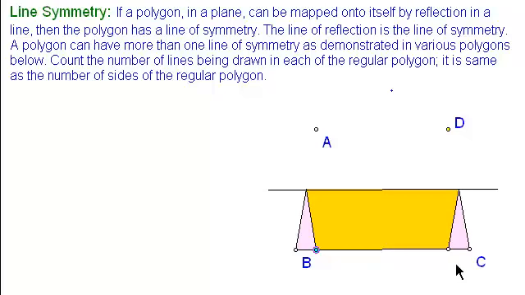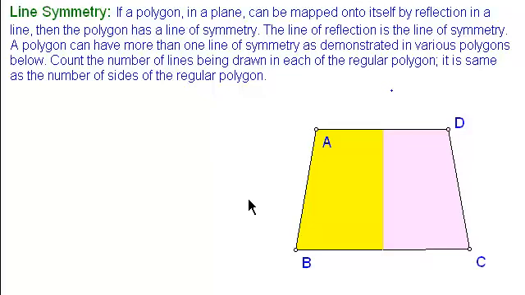When I'm trying to fold it, it doesn't sit on top of the two vertices. So this trapezoid, which you can say is an isosceles trapezoid because the two sides are equal and the bases are parallel, has only one line of symmetry.